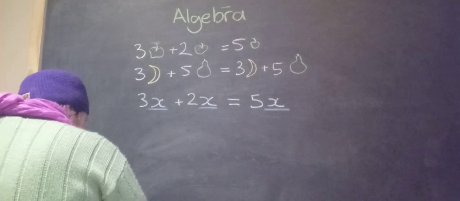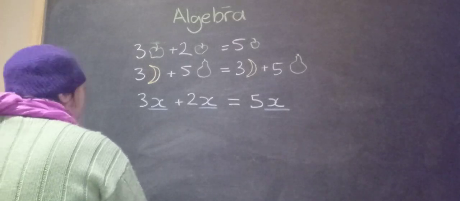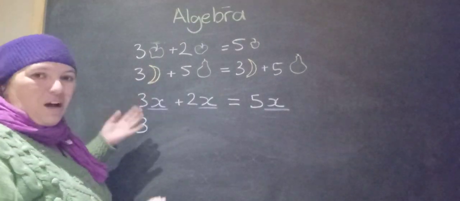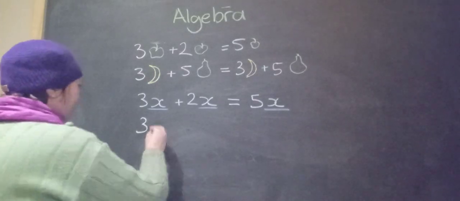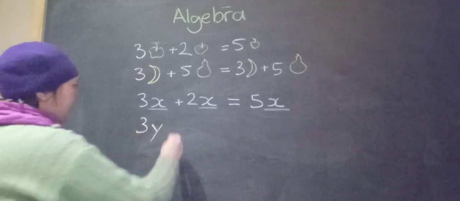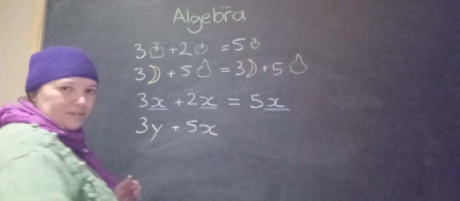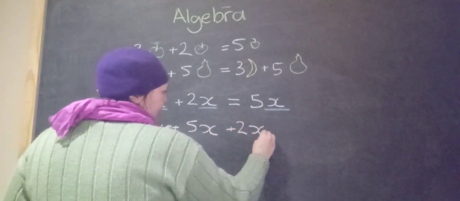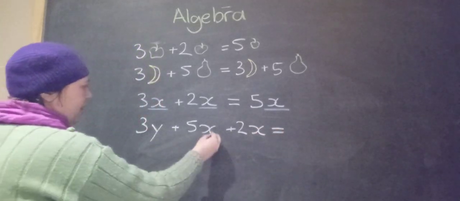And then over here, let me go like this and say 3, I don't know what I've got. It's things. So I've got 3 of these things. And I've got 5 of these things. And I've got 2 of these things. So then you need to go check.